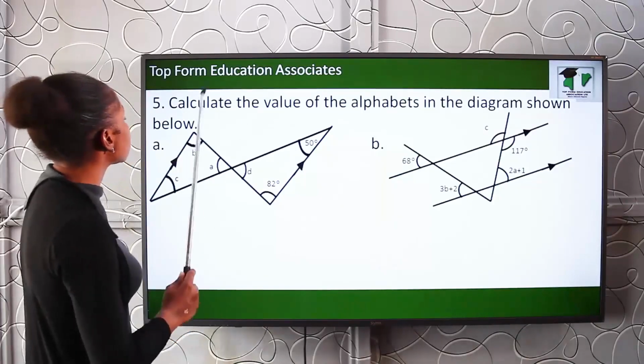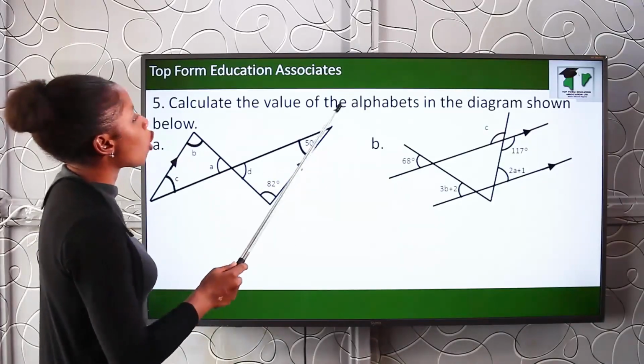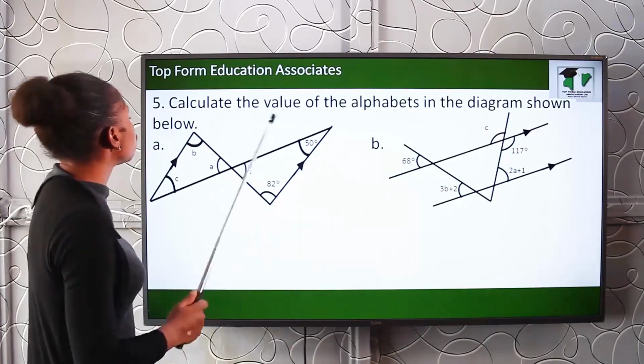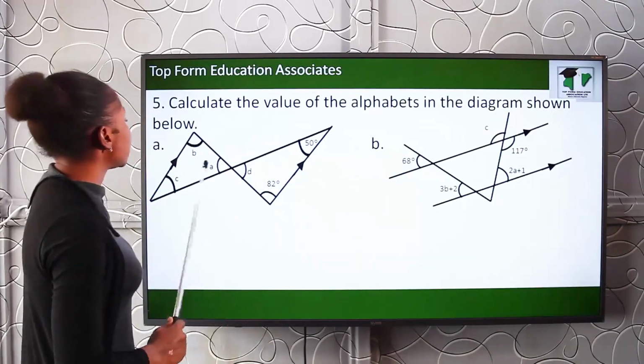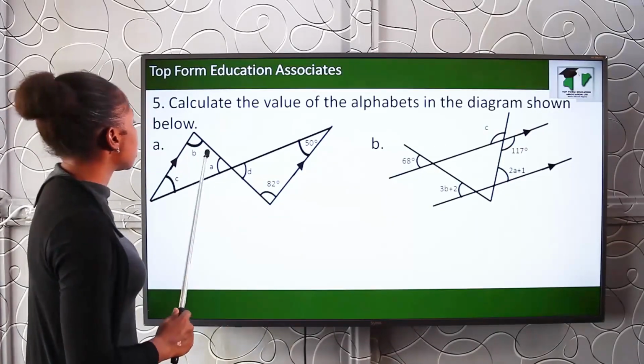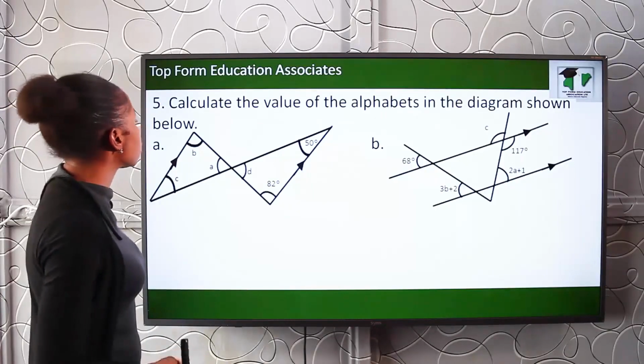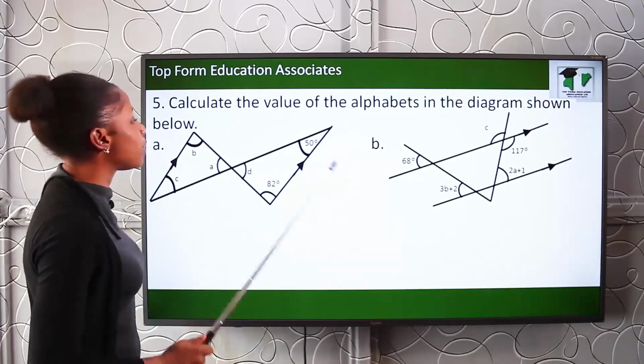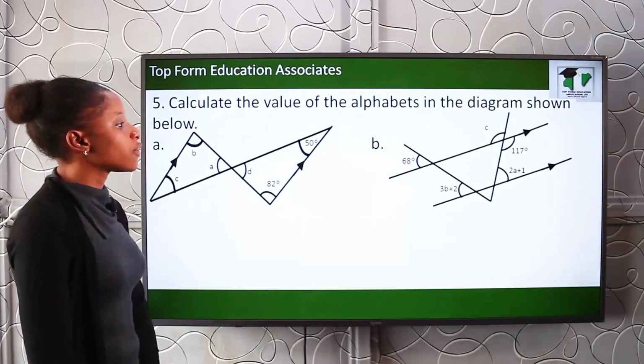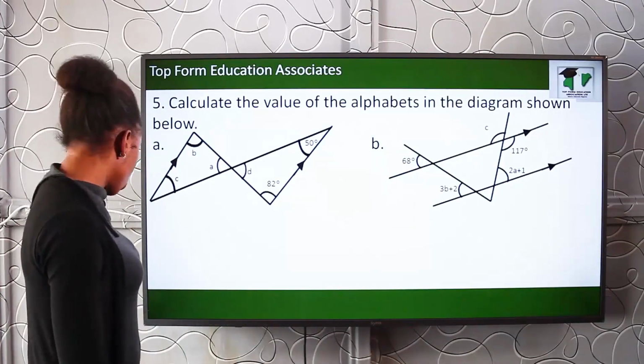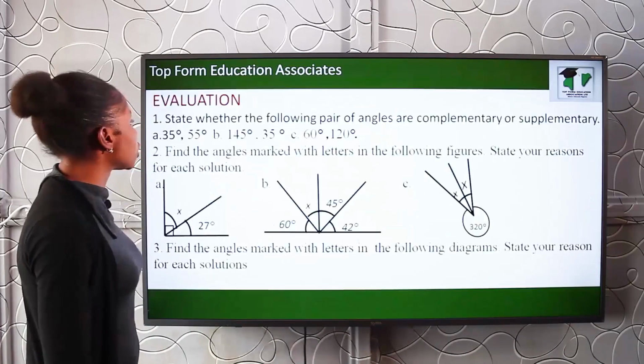Number 5 says calculate the value of the alphabet in the diagram shown below. Find the angles represented by these letters. I'm going to give us a few minutes to do these evaluations.